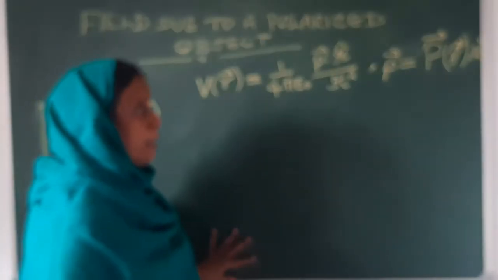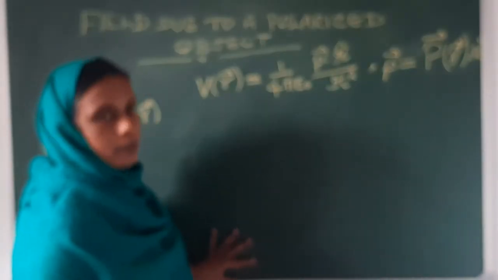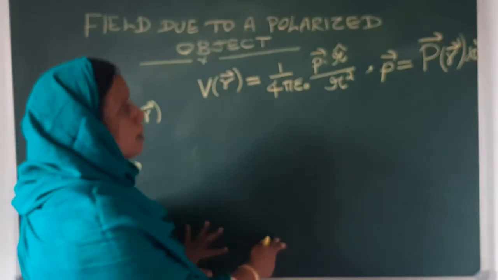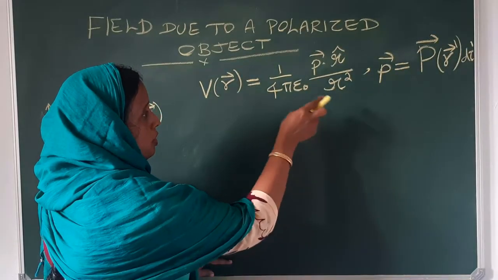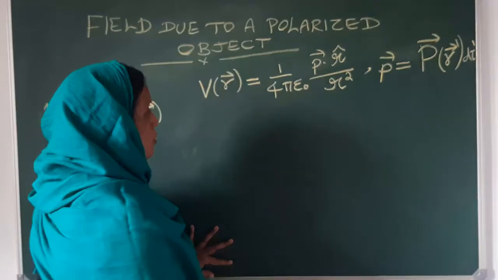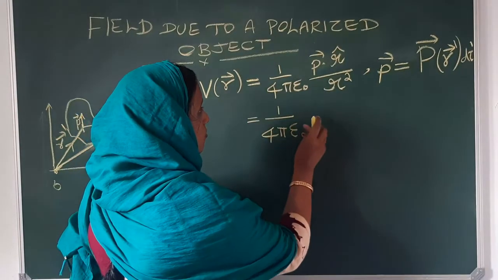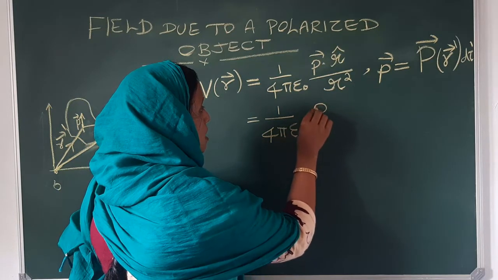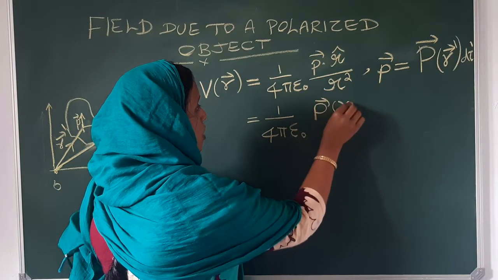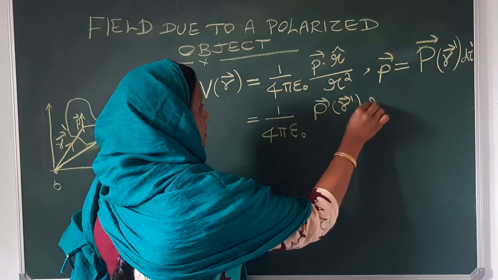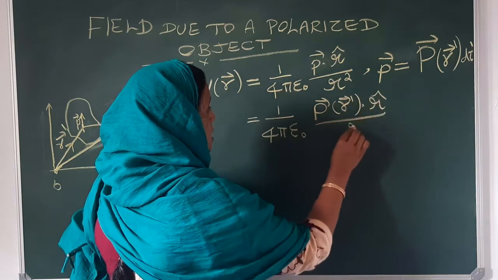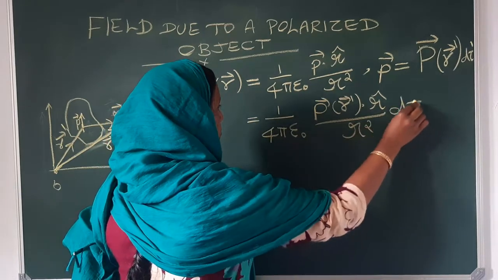So the dipole moment is given by capital P d tau prime. Now you can substitute that term here. So you get this equal to 1 by 4 pi epsilon 0, capital P of R prime, R cap by R square, d tau prime.